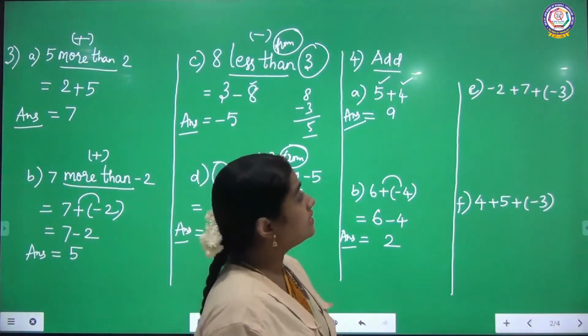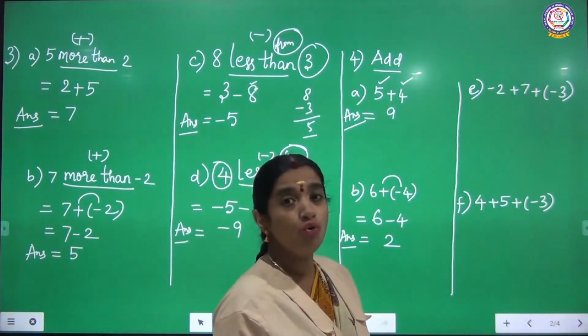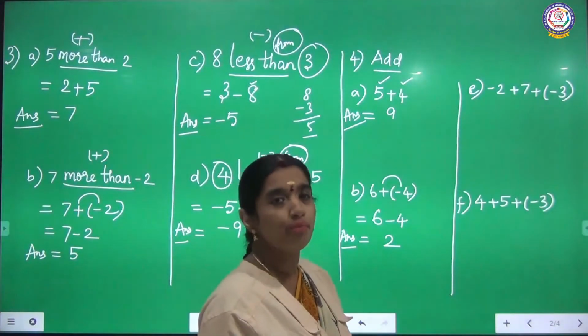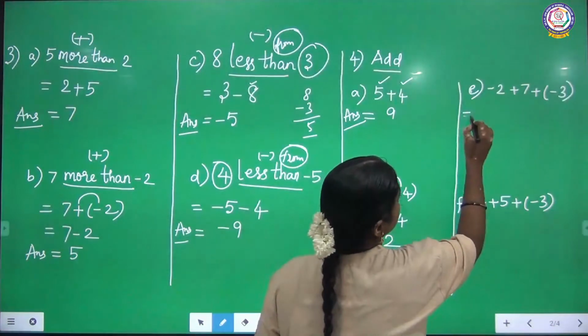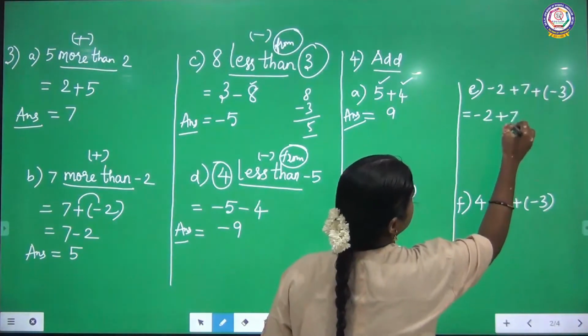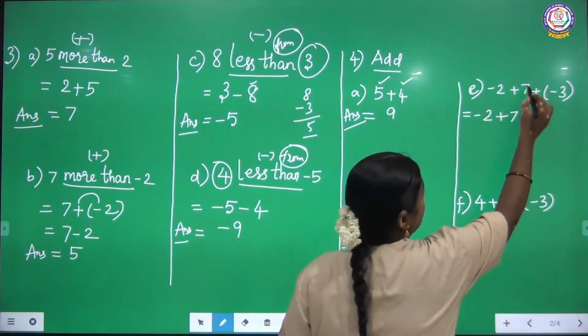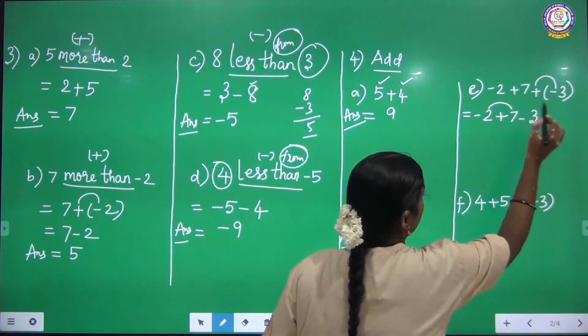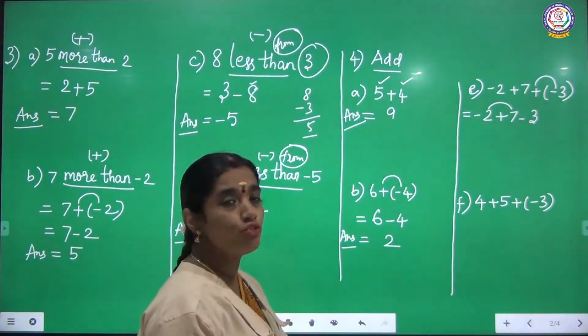And listen, see this: minus 2 plus 7 plus into minus 3. First you remove the bracket. So what is that? Minus 2 plus 7 minus 3. First you simplify these 2: minus 2 plus 7.